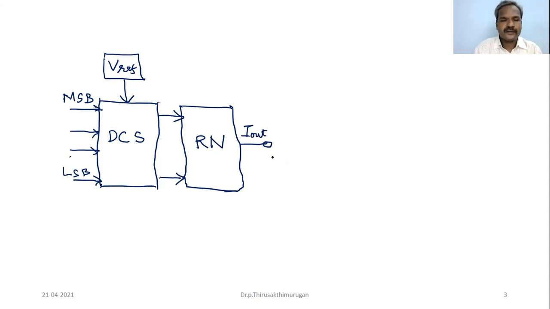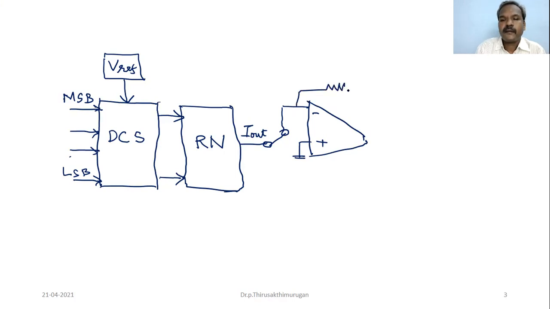If we connect this I out to an op-amp, we can have two outputs: one is the current output, and the other is the voltage output. This is our op-amp circuit with feedback, and this is the analog output voltage.